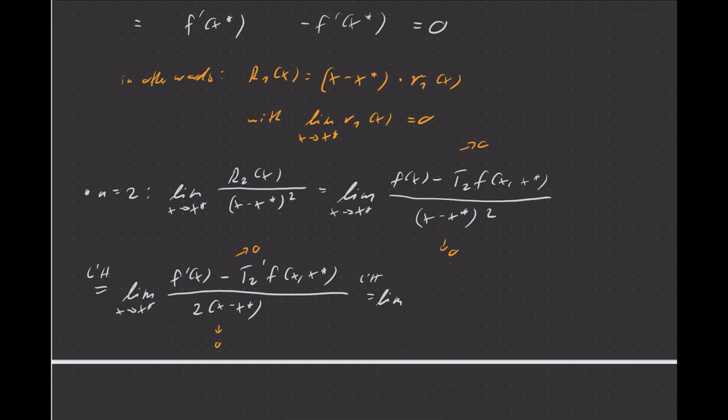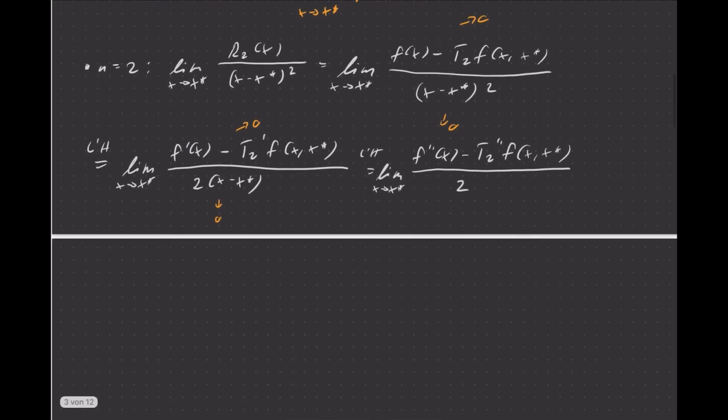What we get is, again, the limit as x tends to x star of f double prime minus T2 double prime of f at x star. And for the denominator, we'll now simply get 2.